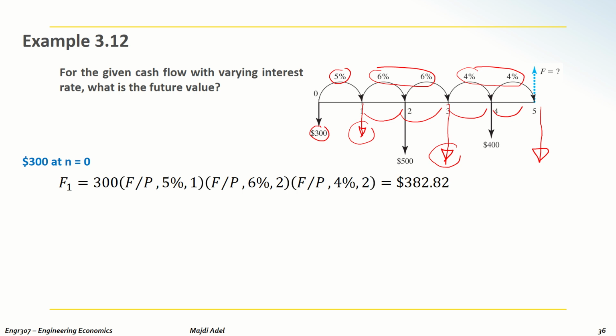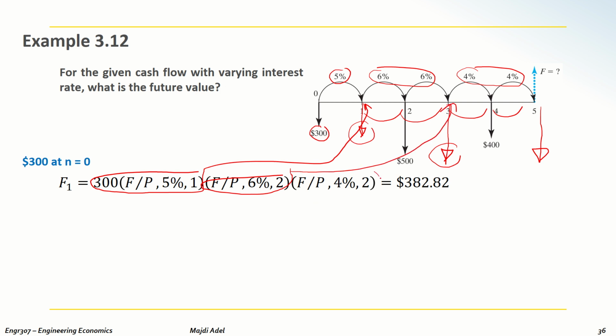So for 300 at n equals 0, 300 multiplied by calculate F given P at 5% and 1, this is the equivalent value of the 300 at n equal 1. If I multiply it by calculate F given P at 6% and 2 interest periods, it's going to be the equivalent value of the 300 at n equal 3.